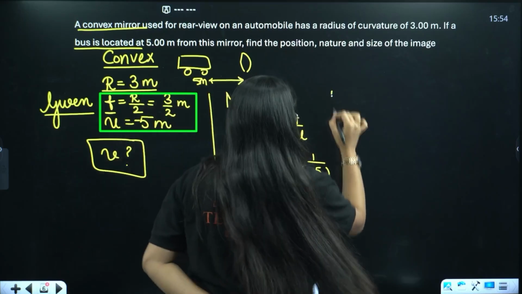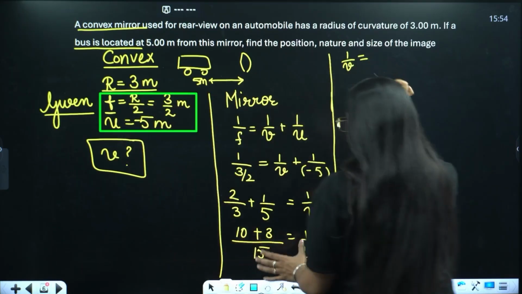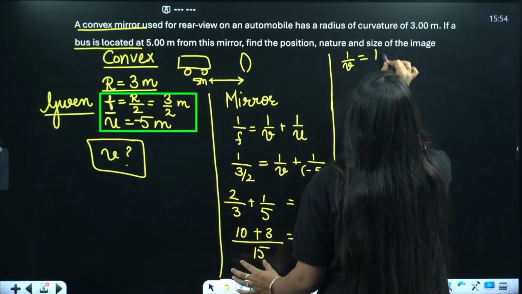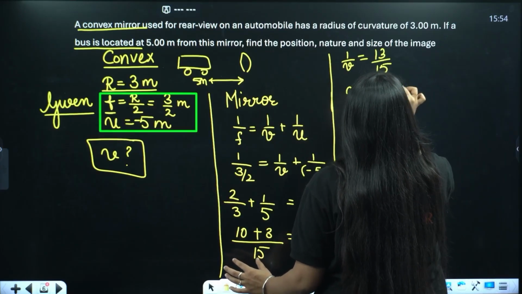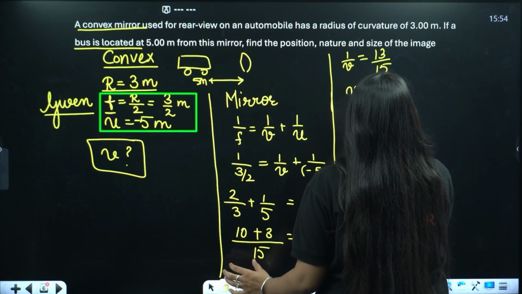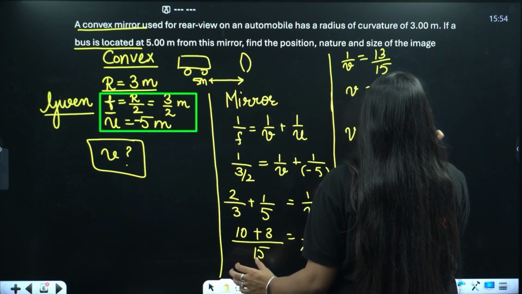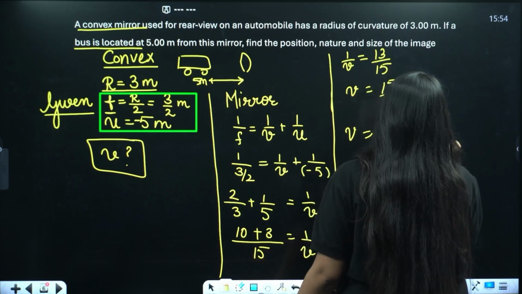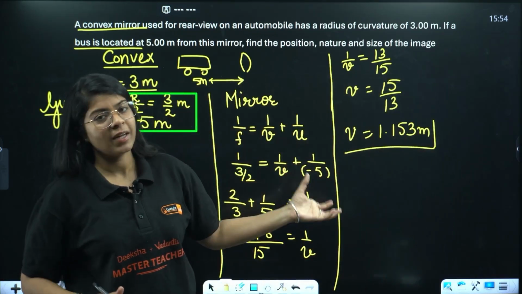So from here, 1/v will be 13/15. Understood? 13/15, and v will be 15/13, which is approximately 1.153 meters. So this is my distance of image.